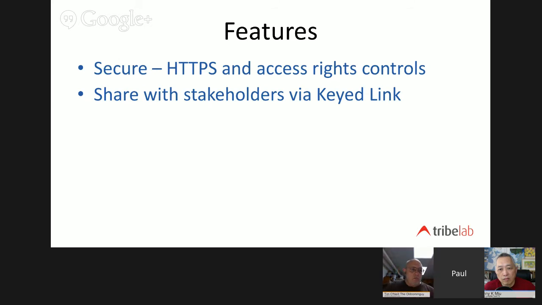So unless they have actually been sent the correct keyed link, they won't be able to access anything. And the key is randomized, I think it's 64 bytes, I can't remember, but it's pretty random. It would take probably a lot of compute power to try and crack it.